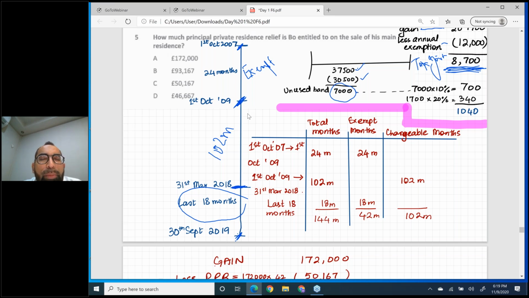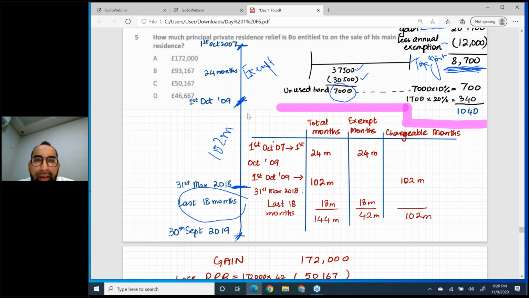Then 102 months are fully chargeable because it's the absence period, not covered by ABC, and the last 18 months are exempt. You simply add total months, exempt months, and chargeable months.